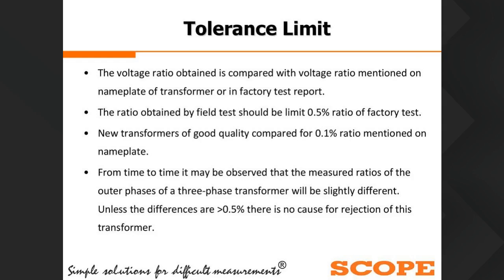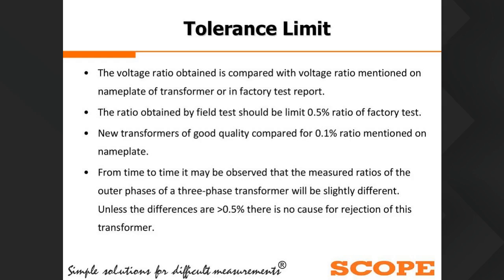Also, from time to time, it may be observed that the measured ratios of the outer phases of three-phase transformers will be slightly different. That is, if you see the R, Y, B 3 phases, then R and B should have the same results, but somewhere it is observed that R and B results are not the same.